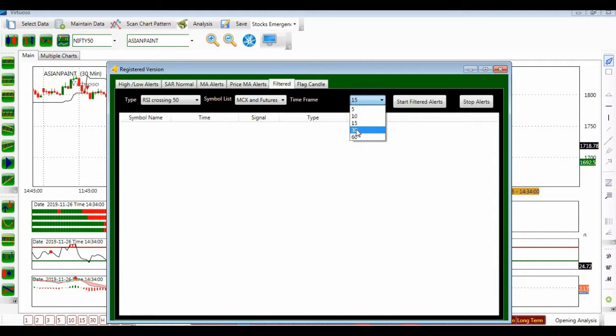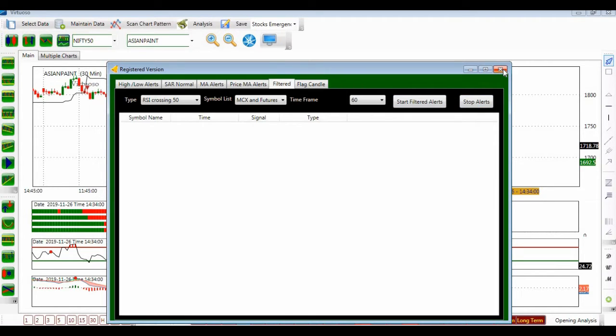If I go for the 1 hour time frame, whenever RSI crosses 50 for any of the stocks in that particular list, it is going to show you a pop-up here indicating that the RSI crossover has happened on that particular stock in that list. I can start and stop this filter anytime.